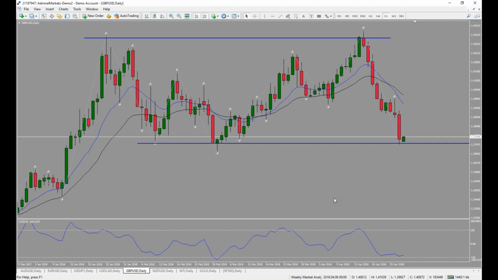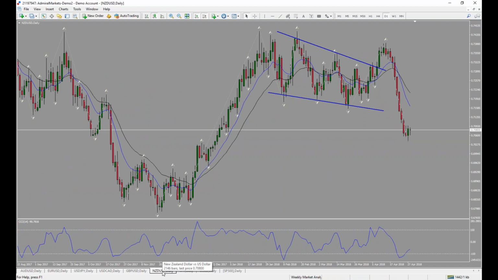Great. All right, let's move it and have a look at the Kiwi USD. Okay, I've got to get rid of some of these lines. These don't mean anything now. Let me zoom out.